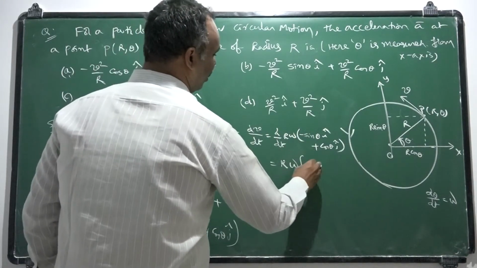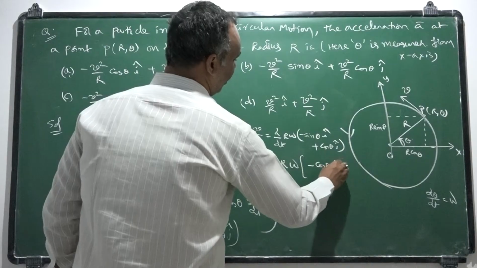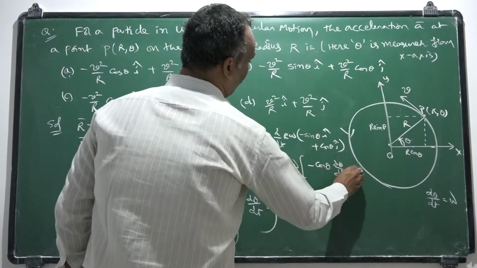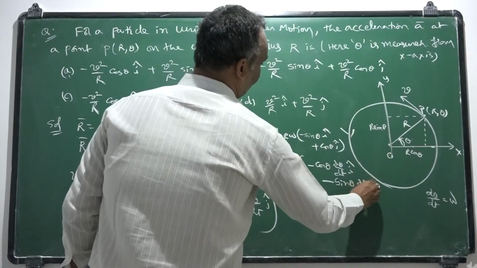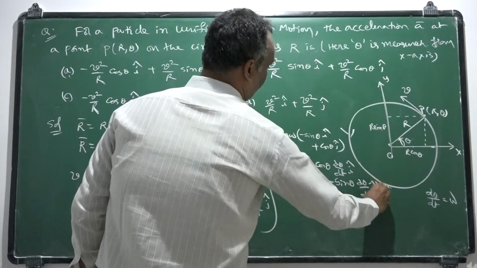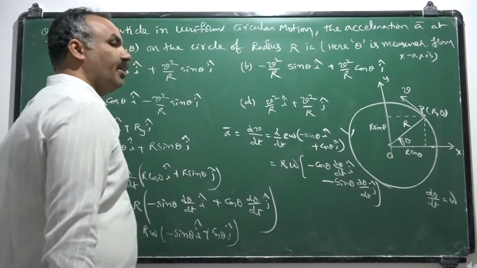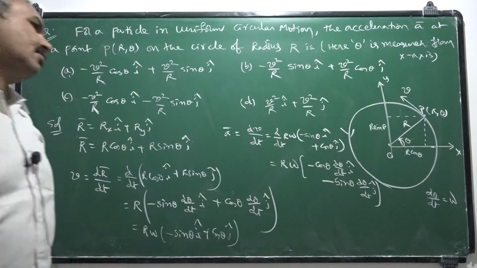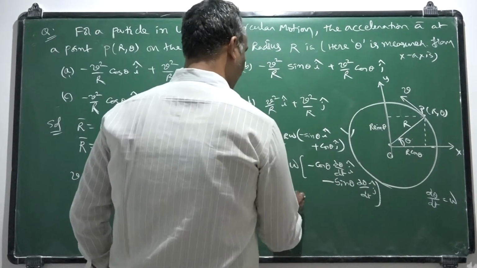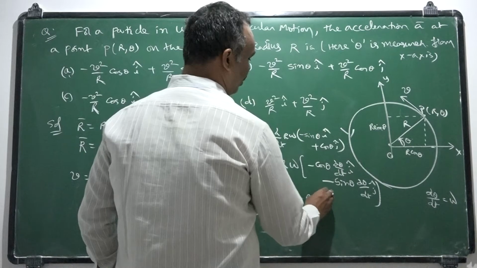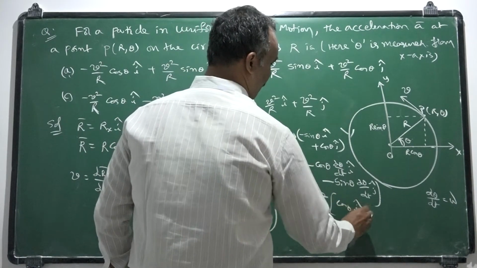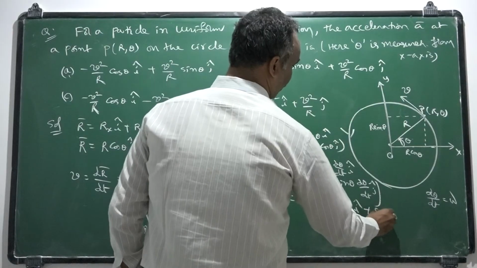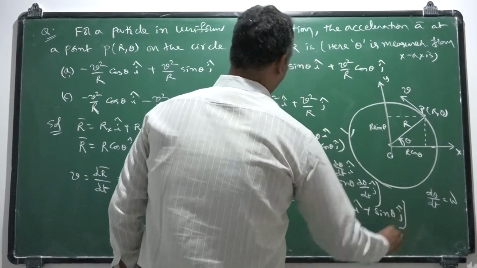For sin theta, the derivative is cos theta, so cos theta again d theta by dt i cap. For cos theta, minus sin theta d theta by dt j cap. So d theta by dt is nothing but omega. Again it is common. Minus is also common. So minus r omega square times cos theta i cap plus sin theta j cap.